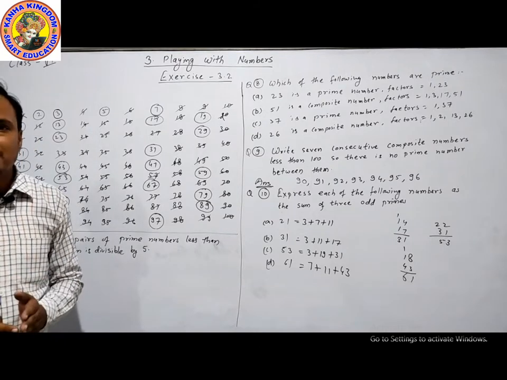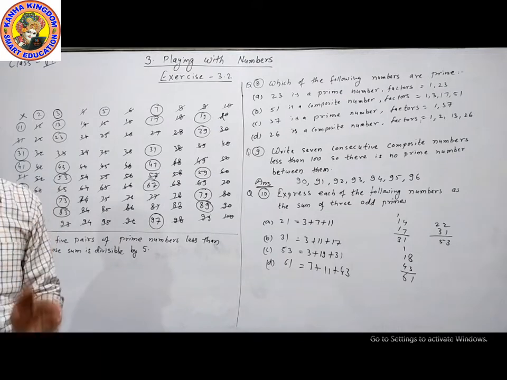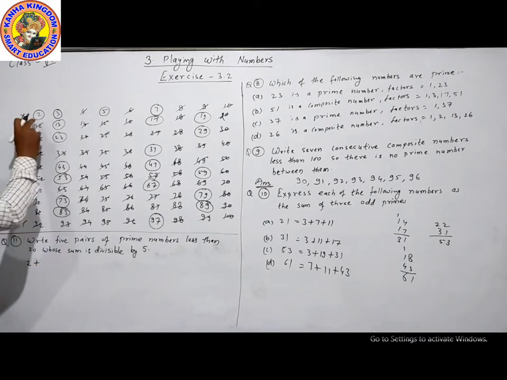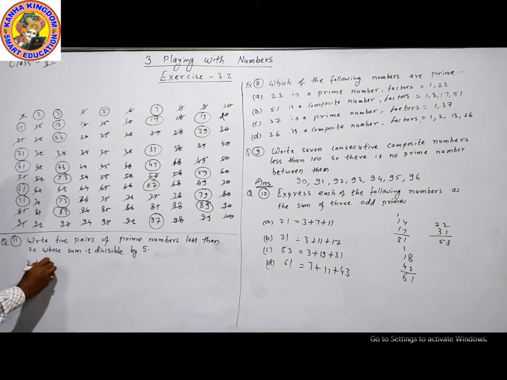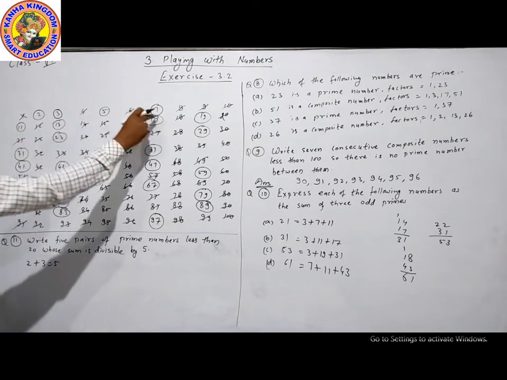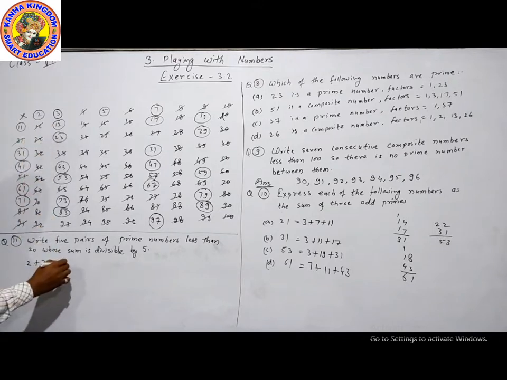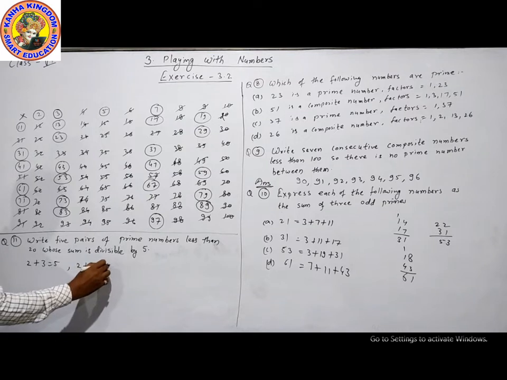If its ones digit is 5 or 0. By 2 plus 3 is 5, which can be divided by 5. 2 and 13: 2 plus 13 is equal to 15, which can be divided by 5.